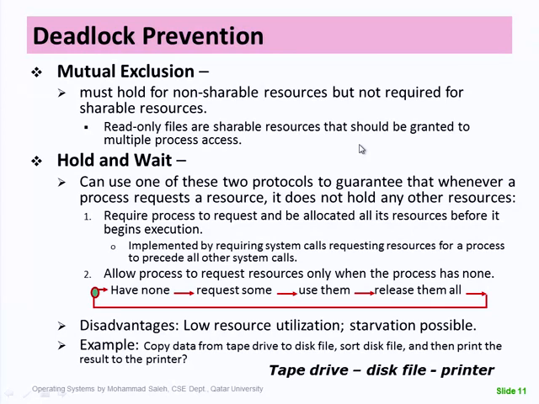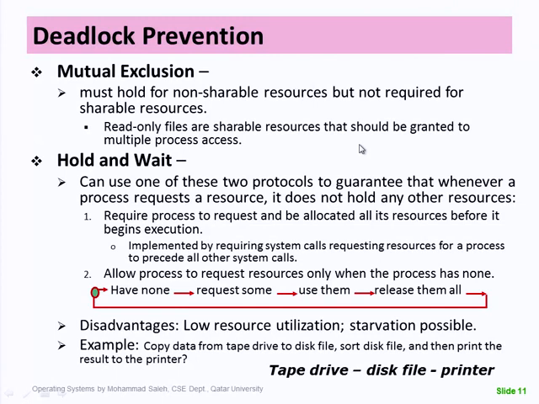This is one protocol, okay. Another protocol says that a process will be requesting resources. Fine. But now we have to be careful. We should not request additional resources while holding some. So a process requests resources because at the beginning it has none. Once these resources are available, they are allocated to the process. So now the process has some resources. If it needs additional resources, then it should release what it has first, and then request the additional resources.